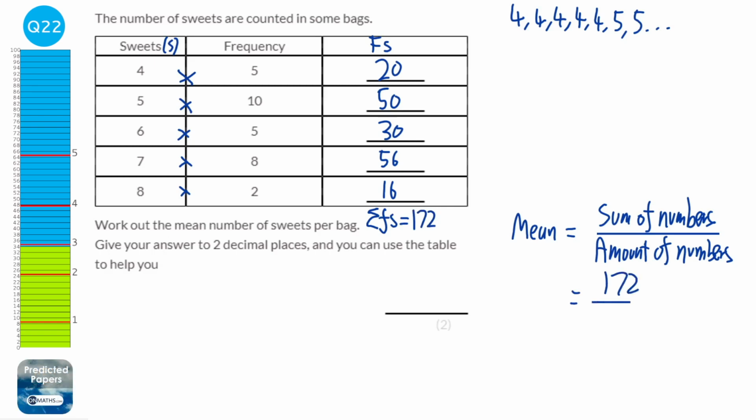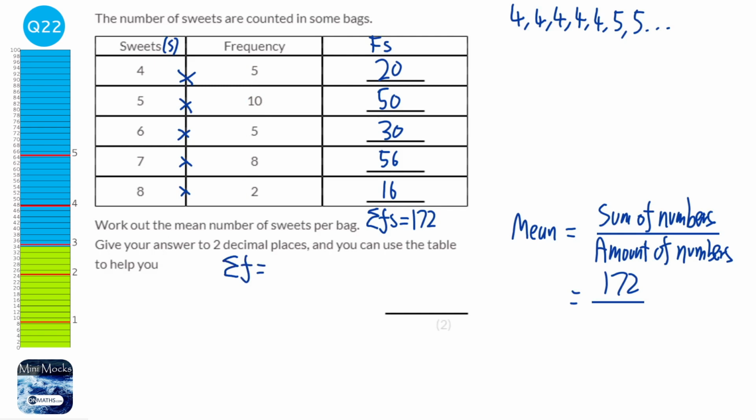Now the second part is to work out how many numbers there are. Well, there are 5 numbers in the first row, 10 in the second row, 5 in the next row, 8 in the next row, and then 2 in the next row. So to work out how many there are in total, we just add those up, and we call that the sum of the F column.